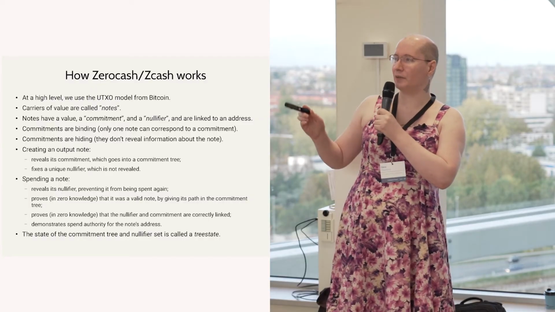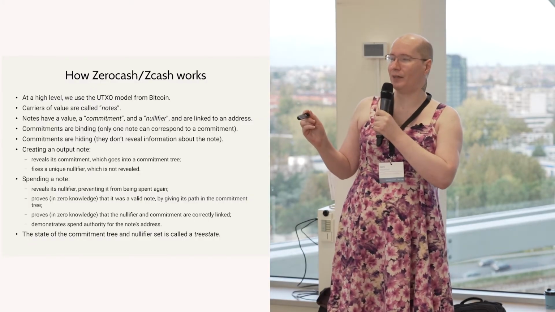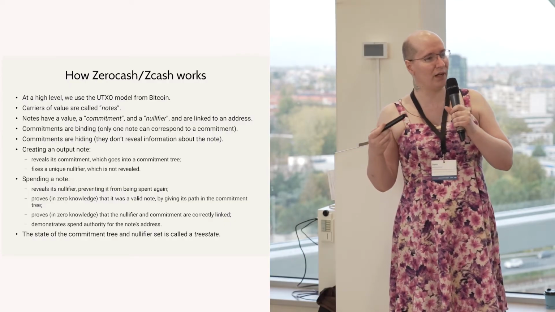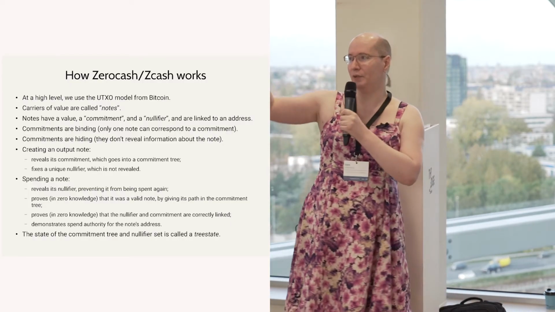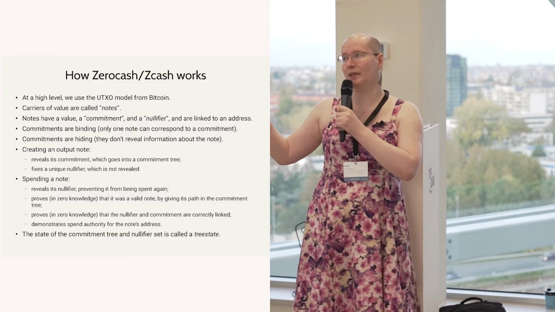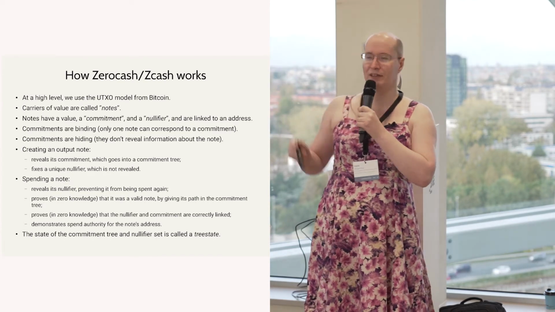So when you spend a note, you reveal the nullifier, and because that's deterministic, there could be only one nullifier for a note. If you prevent nullifiers from reoccurring on a blockchain, then you're preventing double spending.